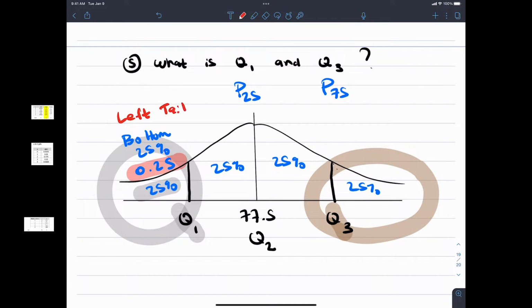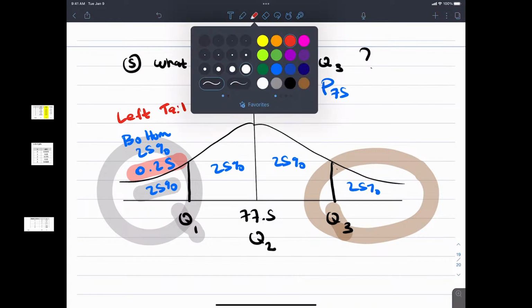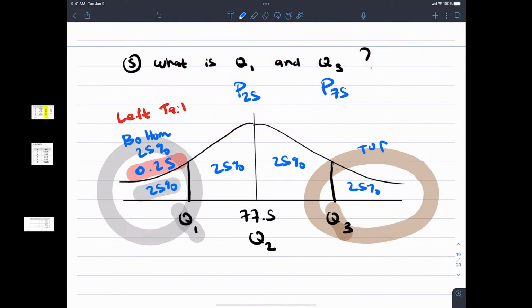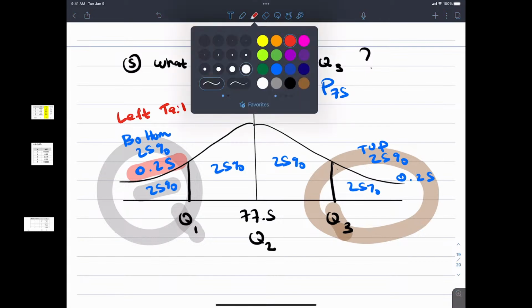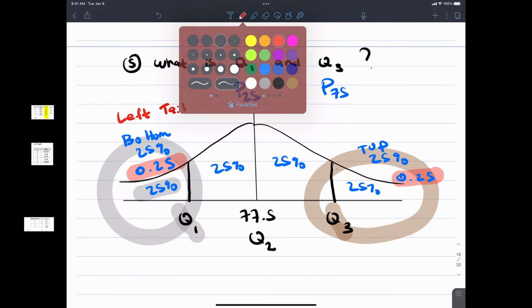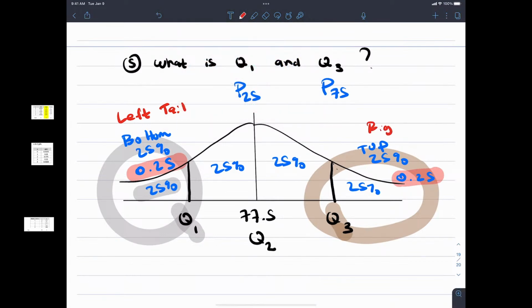Now, this other one is the top 25%. This will be 0.25, and this is a right tail in the TI calculator.